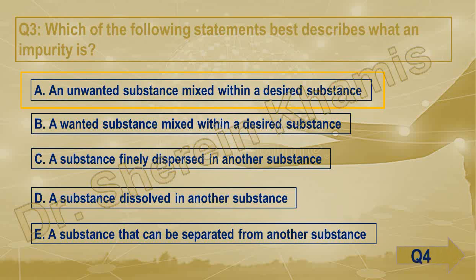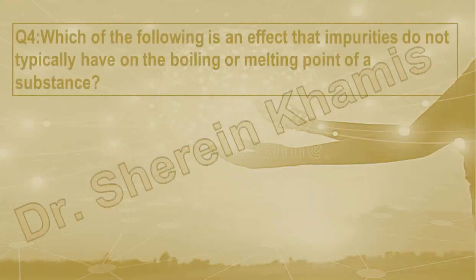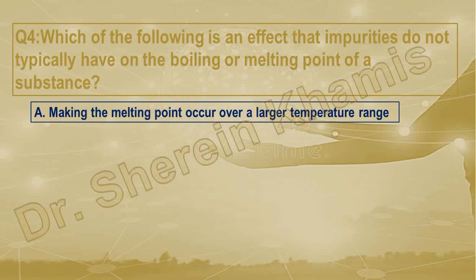Question number 5 says: which of the following is an effect that impurities don't typically have on the boiling or melting point of a substance? It means the impurities do not affect it.